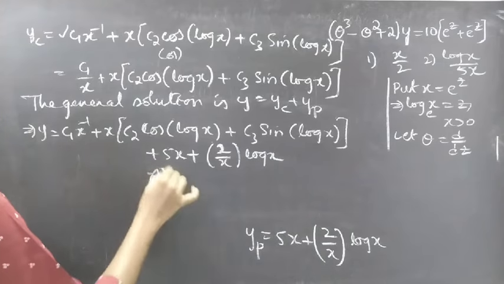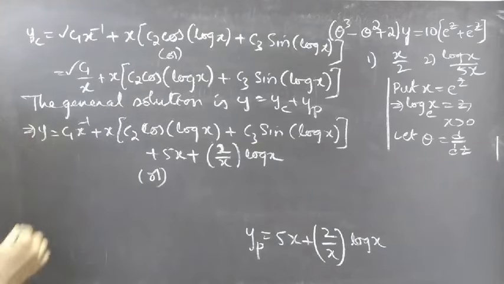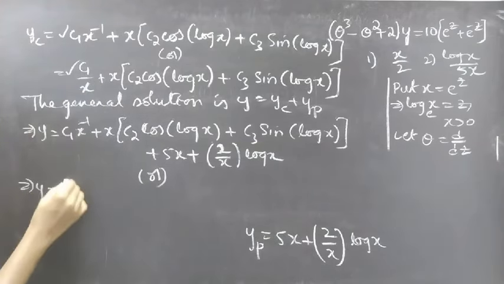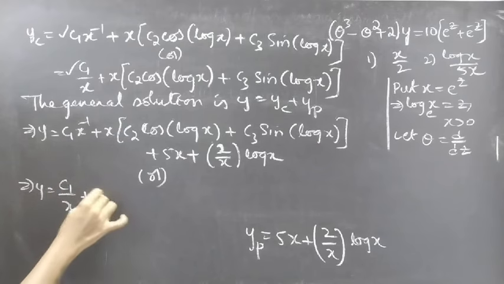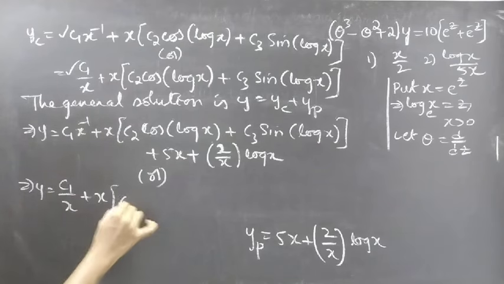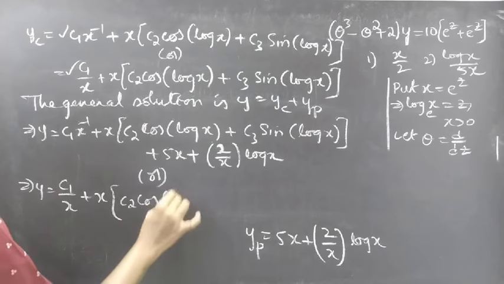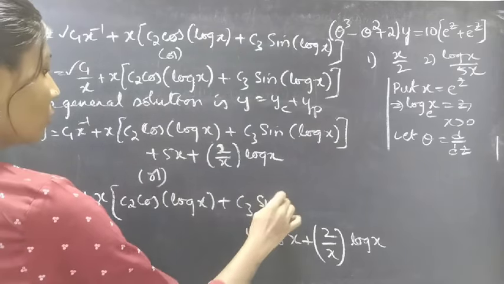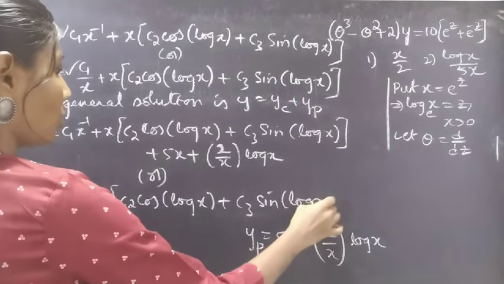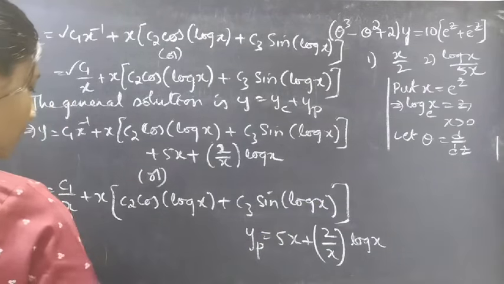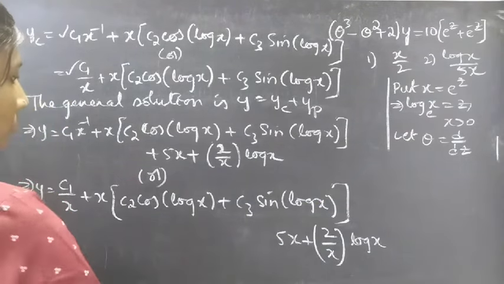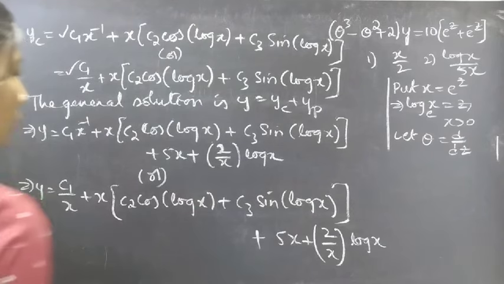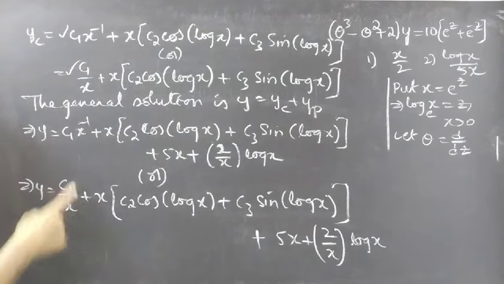Or we can go for the second yc, c1 by x plus x times c2 cos of log x plus c3 sin of log x plus yp. You can get any of these two answers.